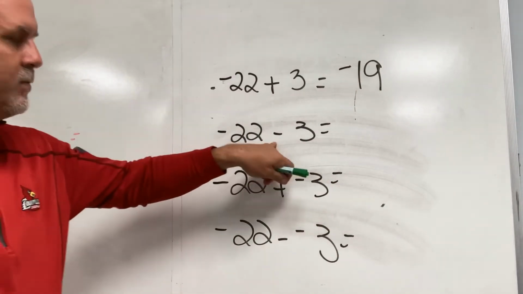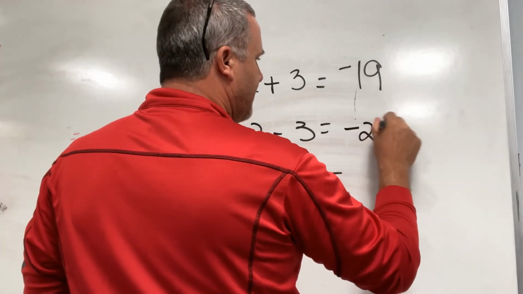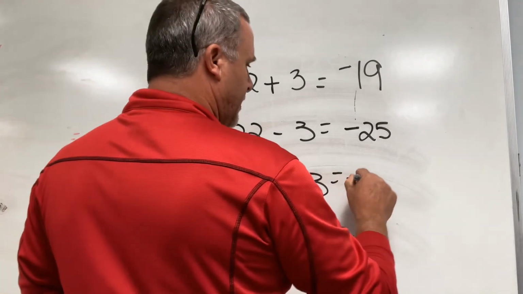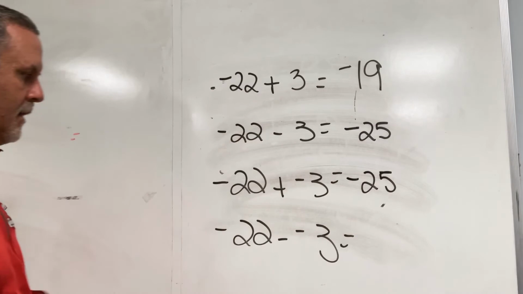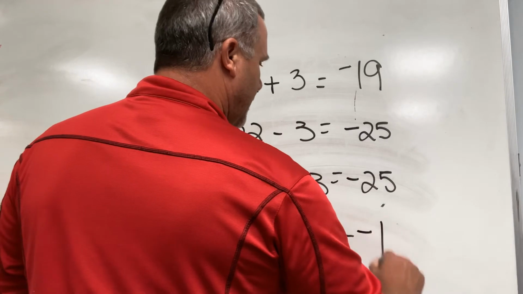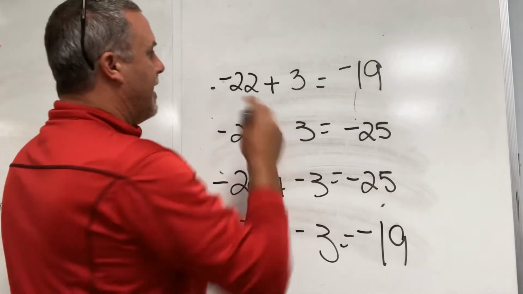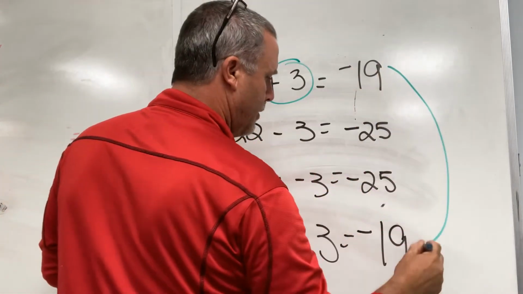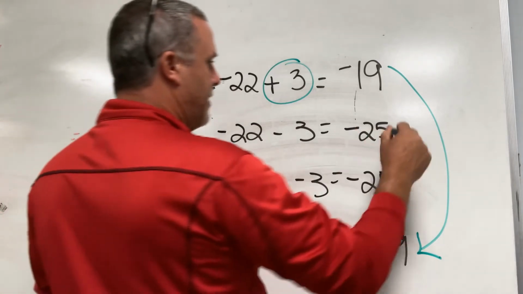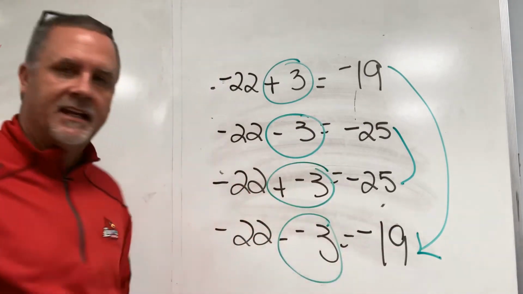A negative 22 take away 3 gives us a negative 25. A negative 22 plus a negative 3 is negative 25. Negative 22 minus a negative 3 using the number line gives us a negative 19. So that's 2 problems that we've done and shown that adding a positive is the same as subtracting a negative, and subtracting a positive is the same as adding a negative.